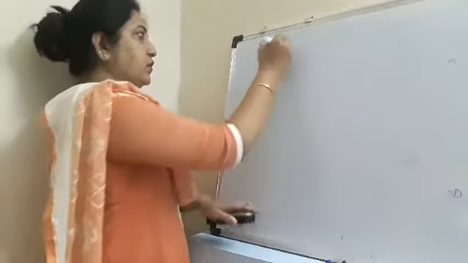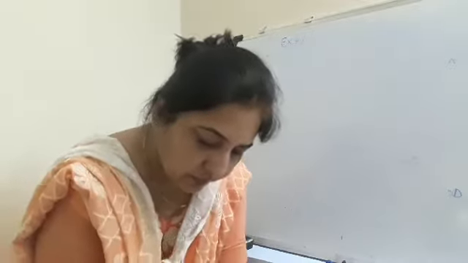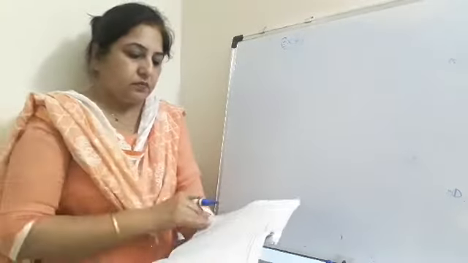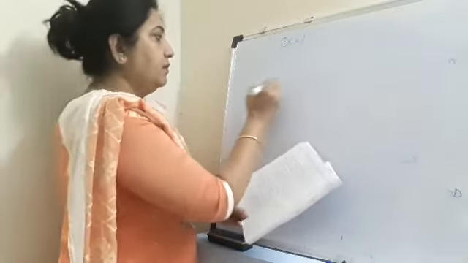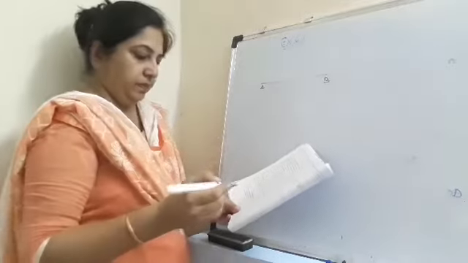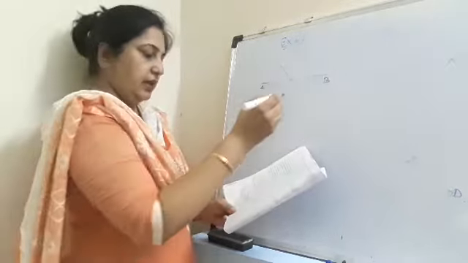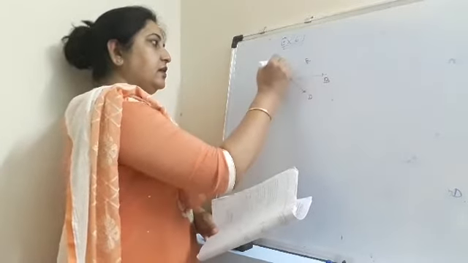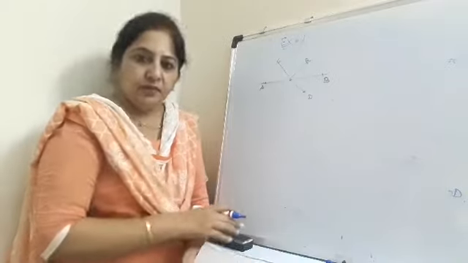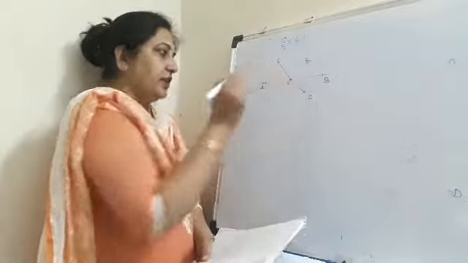So let's do the first question of exercise 6.1. A diagram is given to you here, AB. Here we have another line intersecting at O, C and D, and this is a point E. This is B, this is D, this is C, and this is A. Now they intersect at O. So this is the point of intersection.